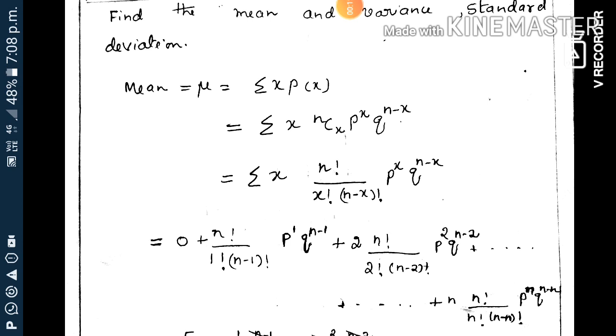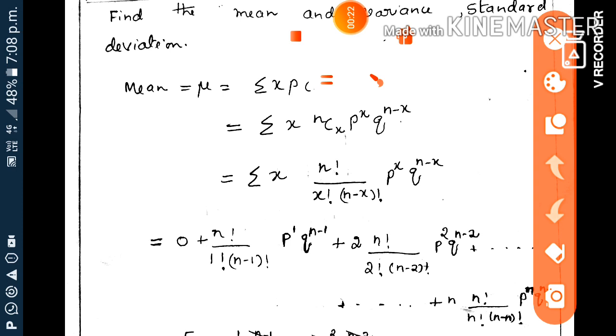Now summation x times p of x, where the probability distribution function of binomial distribution is nCx p to the power x q to the power n minus x. Now nCx is n factorial by x factorial (n minus x) factorial, p to the power x q to the power n minus x. Now x varies from 0 to n, so when x is 0, the first term is 0.